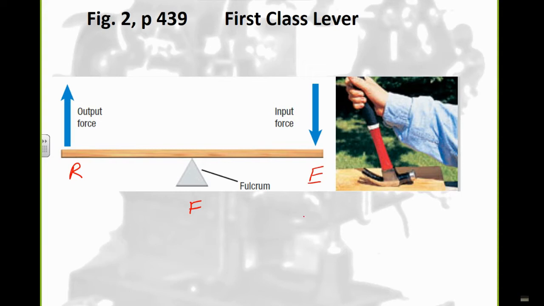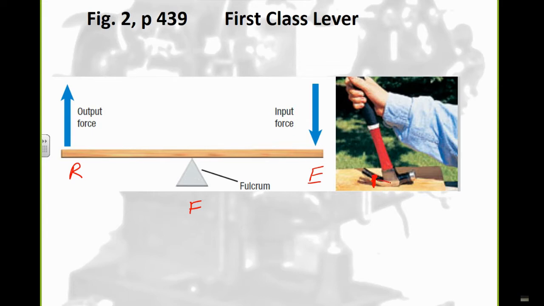Now, it's a little harder to translate this to a real-world example sometimes because it doesn't look as simple as this nice piece of wood with a big triangle fulcrum in the middle. Let's look at this hammer, for instance. We know that there's a nail right here that the hammer is trying to get out. That is resisting the hammer, right? So that is our resistance.